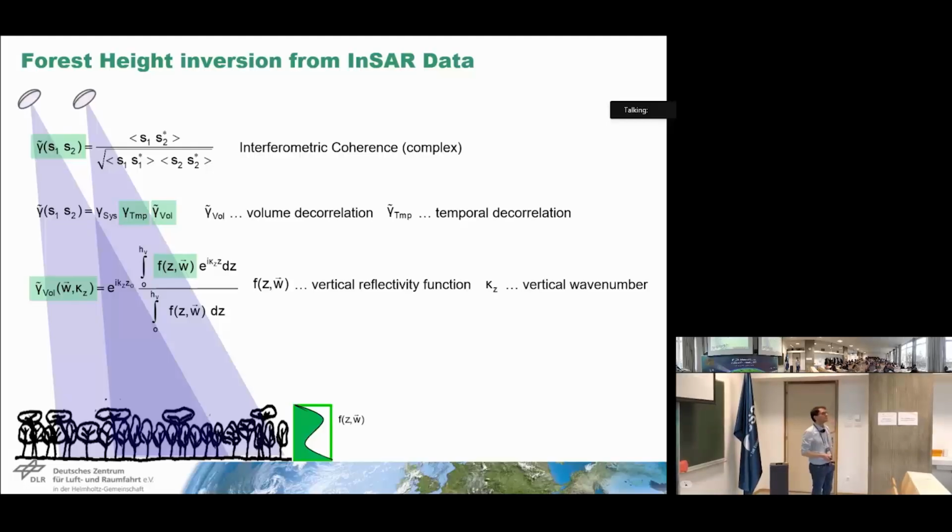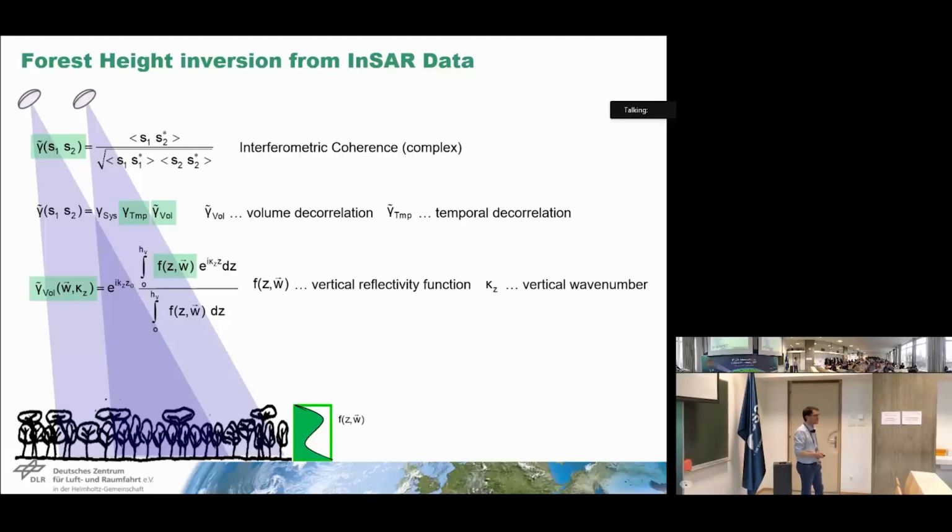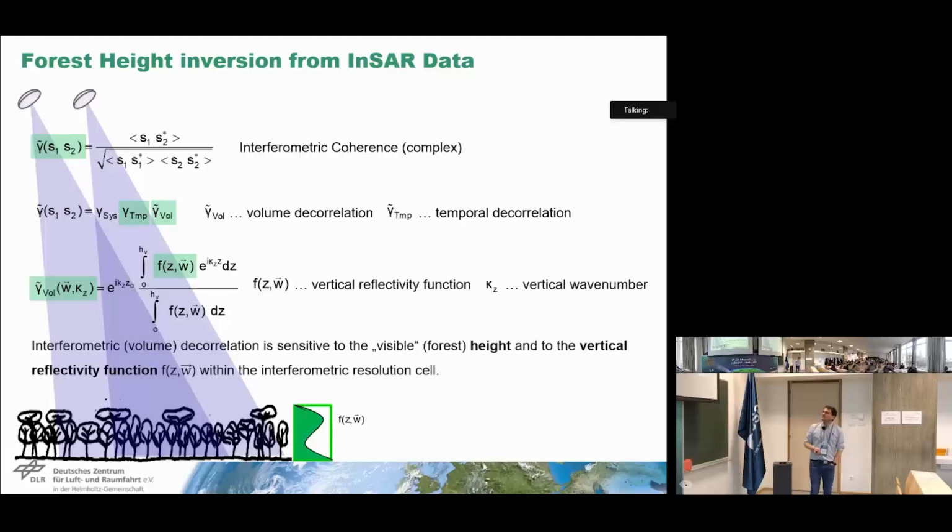And I was mentioning before that forest height is a parameter where you need to make many things wrong not to get a forest height. But in general, what we mean here by forest height, of course, the volume that you see depends on how much you penetrate. So in this sense, for us, this forest height is just a visible forest height.